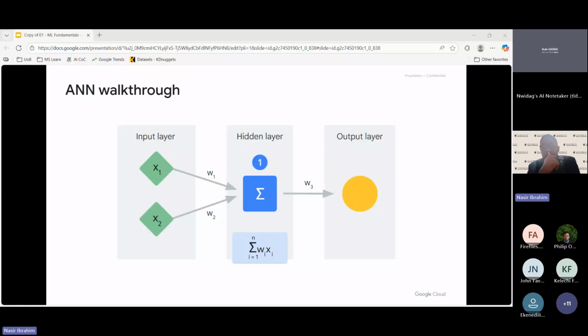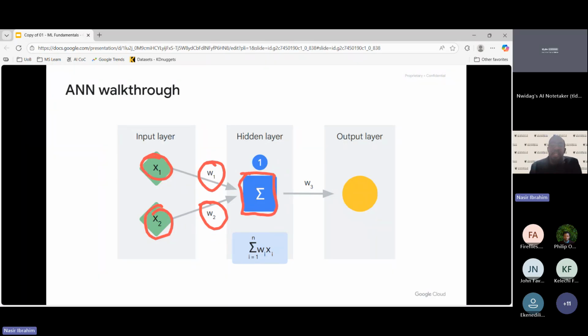Now, in order to map that to the hidden neuron, what is done here is a weighted sum is calculated. That weighted sum is the value of the input multiplied by the value of the weight, and then that is summed up, and that will give you the value of the hidden neuron.